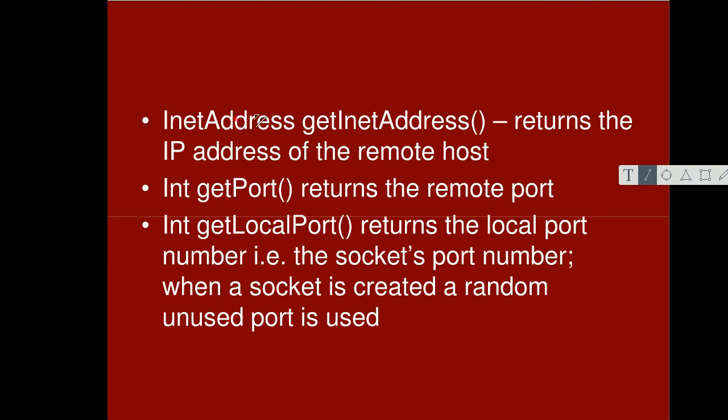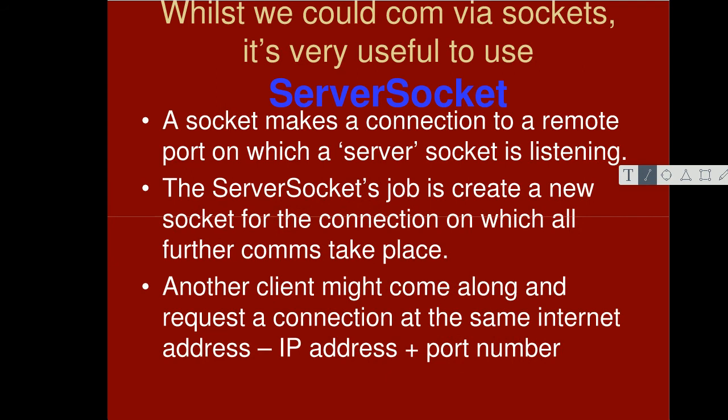So there's loads of ways of converting symbolic addresses into 32-bit numbers. There's utilities to return the information about the port that you're communicating with me on, and so on. So a little bit of research.